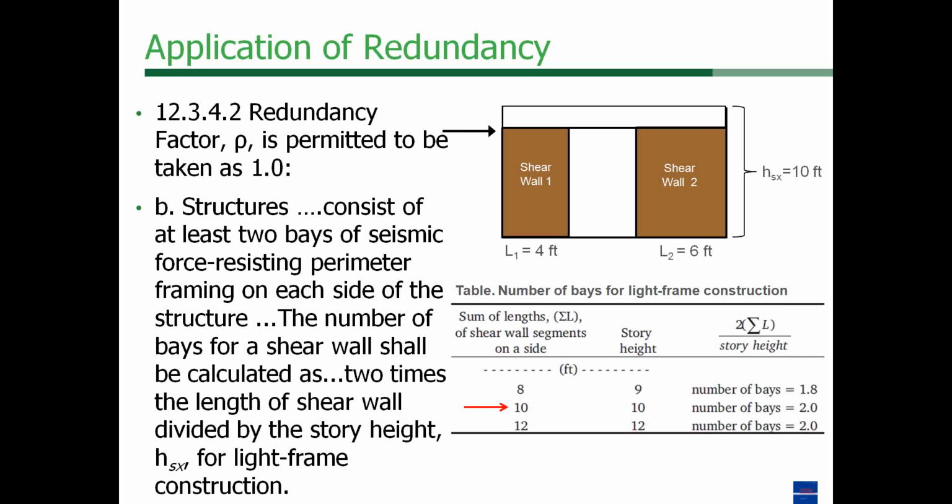Either way, it's going to be less than 2. So you can see then that the number of bays is strictly a function of length and story height. So that's a quick overview of the redundancy provisions.